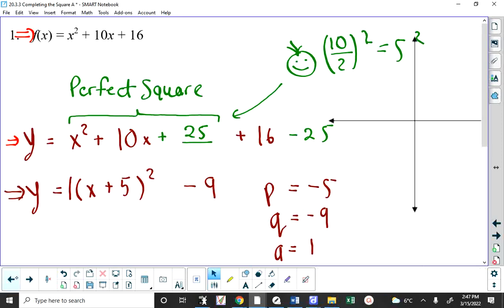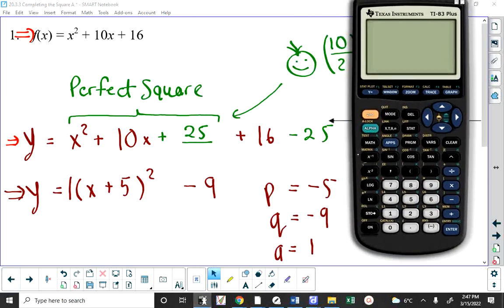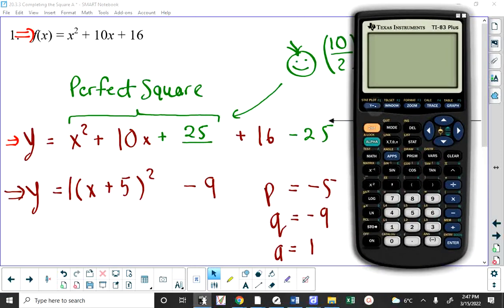Quickly though, I suppose we could check by graphing in our graphing calculator the original function, y equals x squared plus 10x plus 16. Try zoom 6.